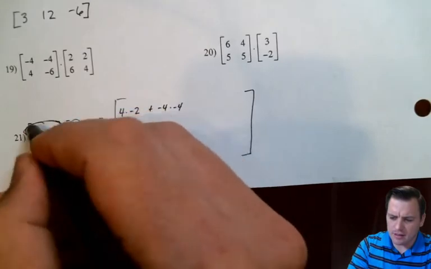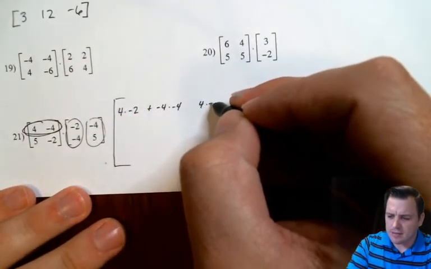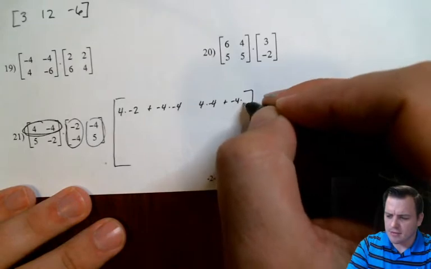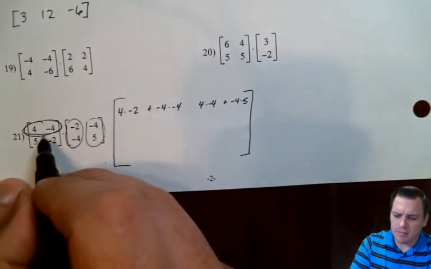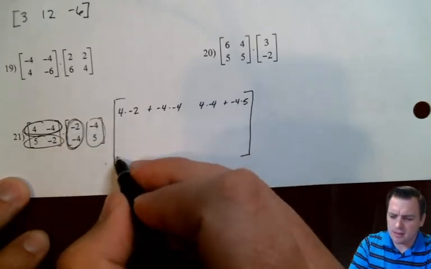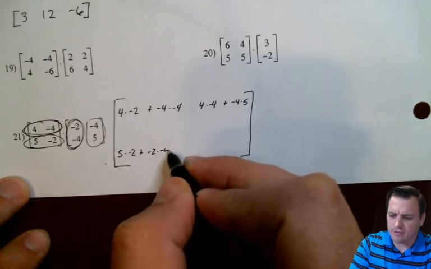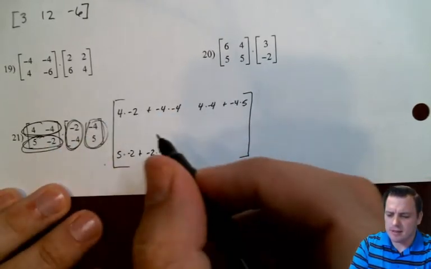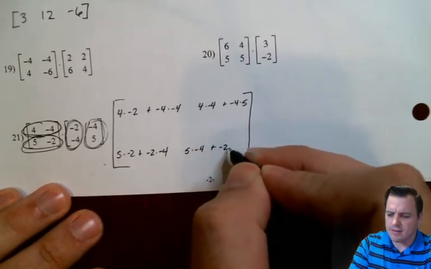Then this times this, 4 times negative 4 plus negative 4 times 5. Then the bottom, this times this, 5 times negative 2 plus negative 2 times negative 4. And then this times this, 5 times negative 4 plus negative 2 times 5.